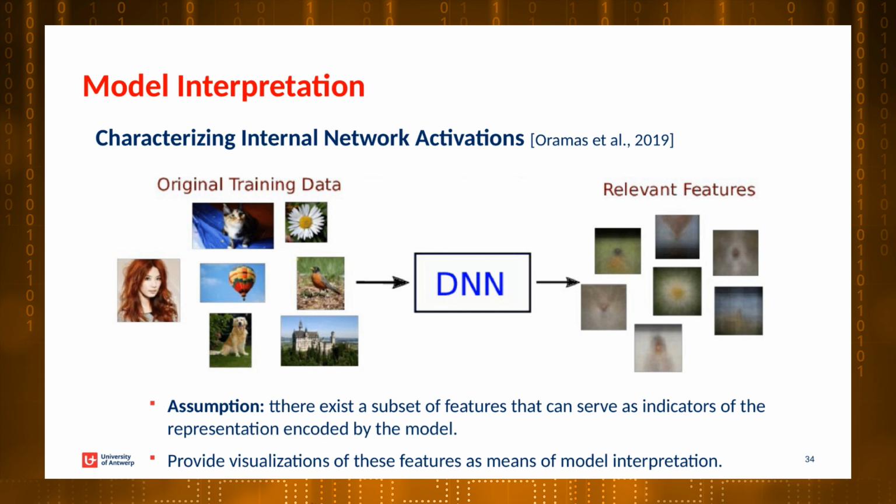So for example, if it knows how to recognize a bird, I want to know for the specific bird category, what are the visual characteristics that the model is using to make decisions. And then for each of those characteristics, we will make a small visualization. And that's what will help us identify what those features are.